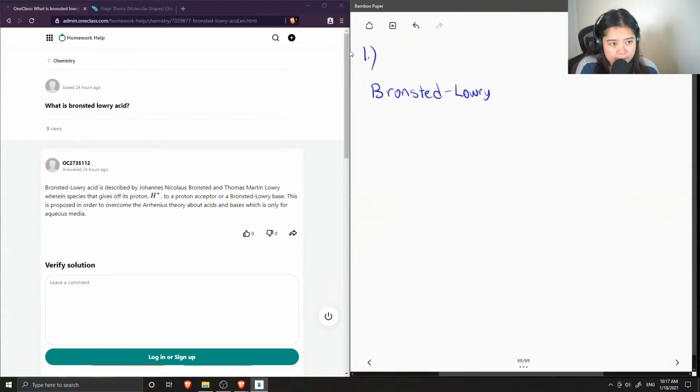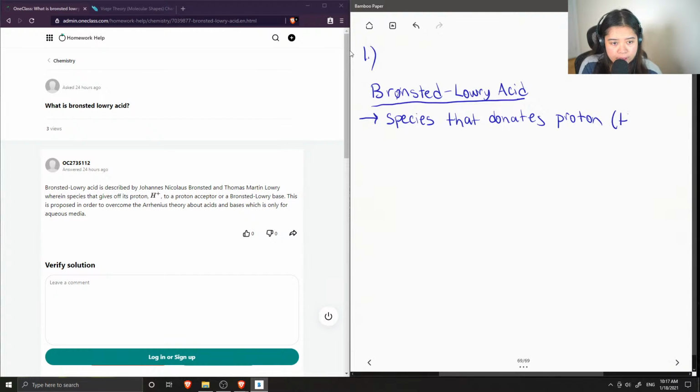The Bronsted-Lowry acid's definition is a species that donates a proton. So a proton can also be referred to as an H+.